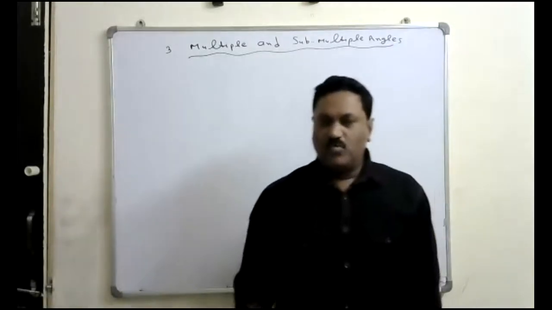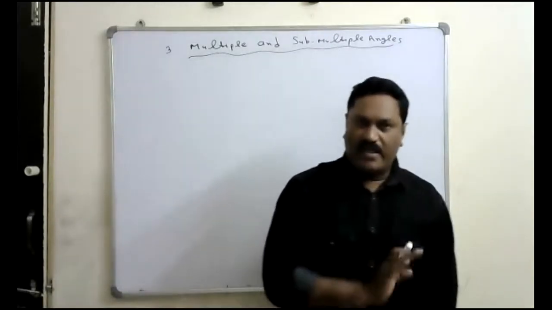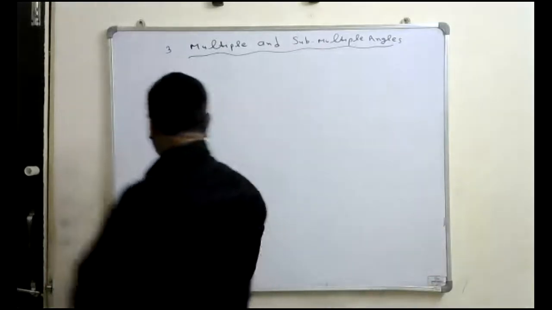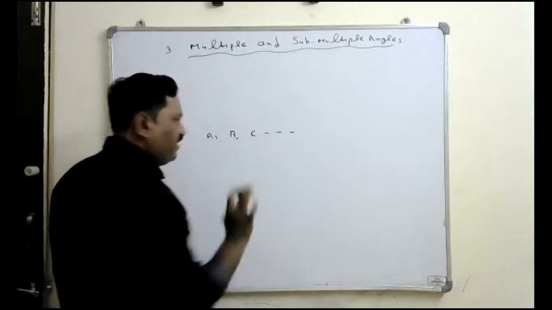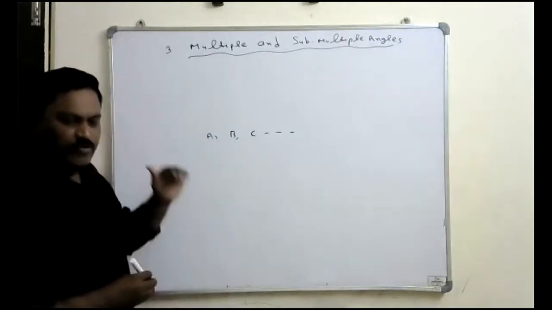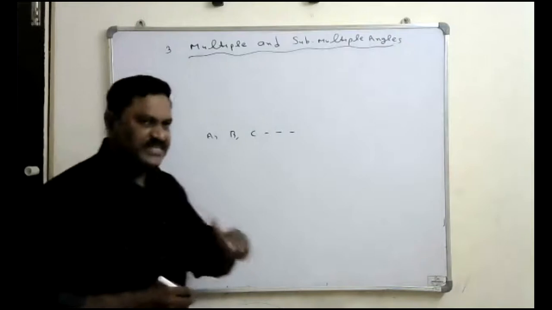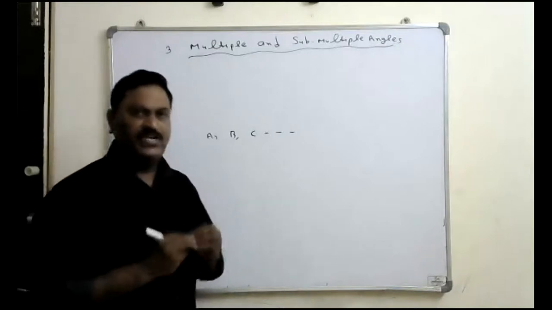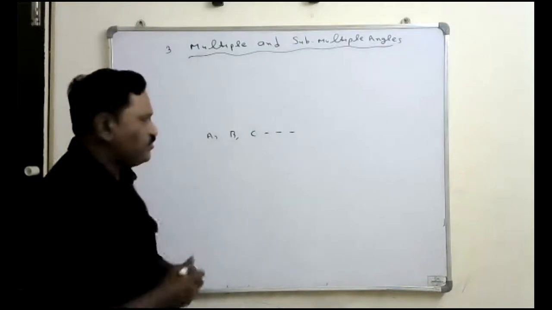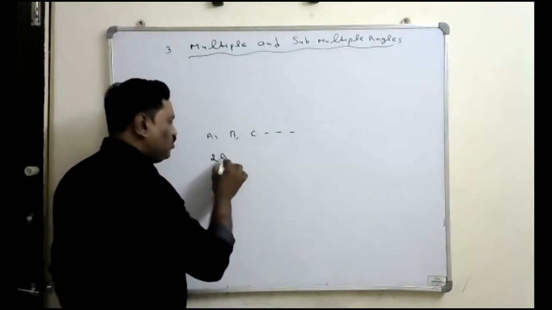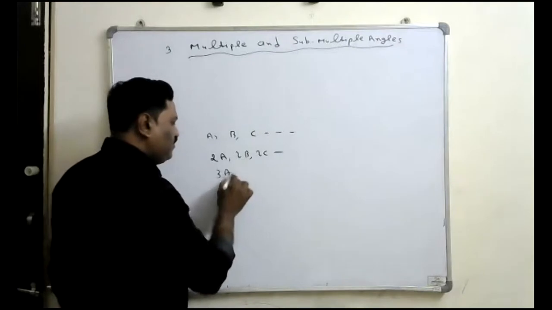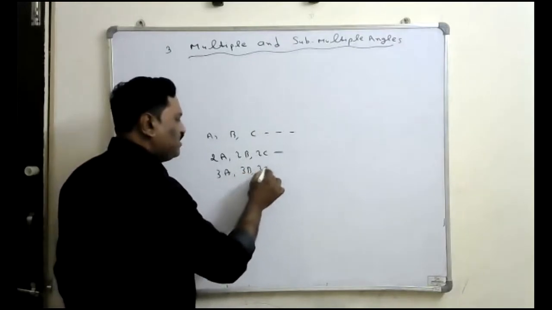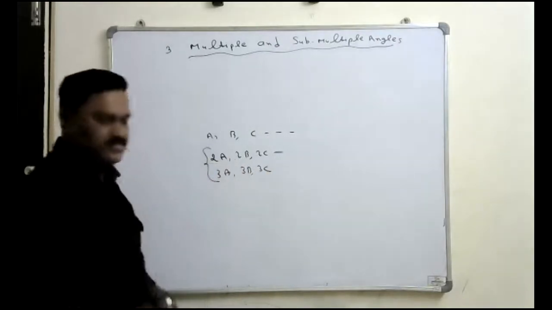Look at this. What is meant by the multiple angles? Means if A, B, C, etc. are any angles, if you multiply all these angles by some positive integer, suppose multiply by 2, so 2a, 2b, 2c, etc., or 3a, 3b, 3c, etc., all these are called the multiple angles.